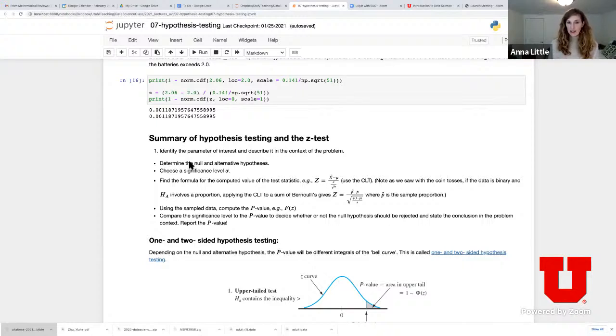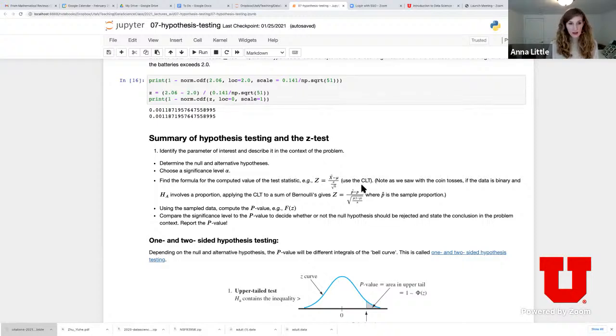The alternate hypothesis is always the one that you would like to obtain evidence for. You choose a significance level alpha, say 1% or 5%, and then you compute your test statistic under the assumption that the null hypothesis is true.